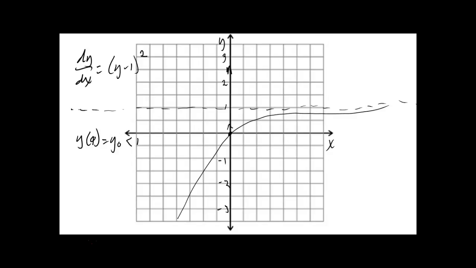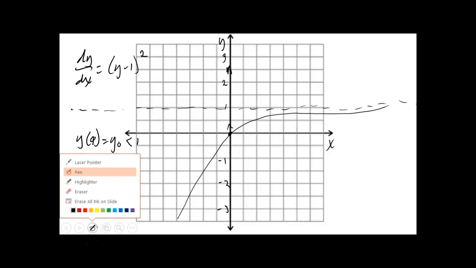But what if, on the other hand, for the initial condition, y0 is equal to 2? Let's do that in a different color.